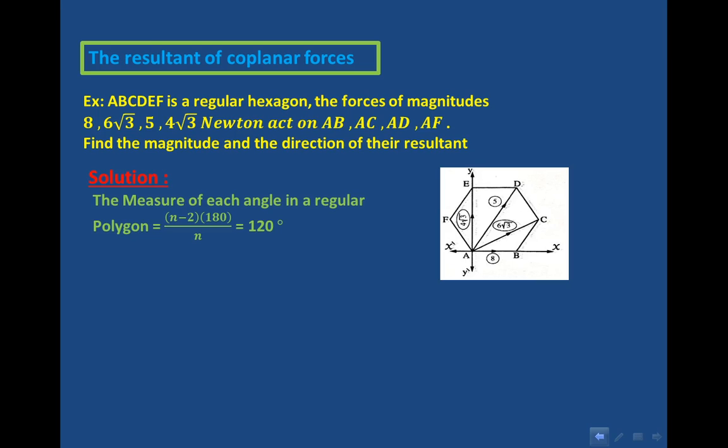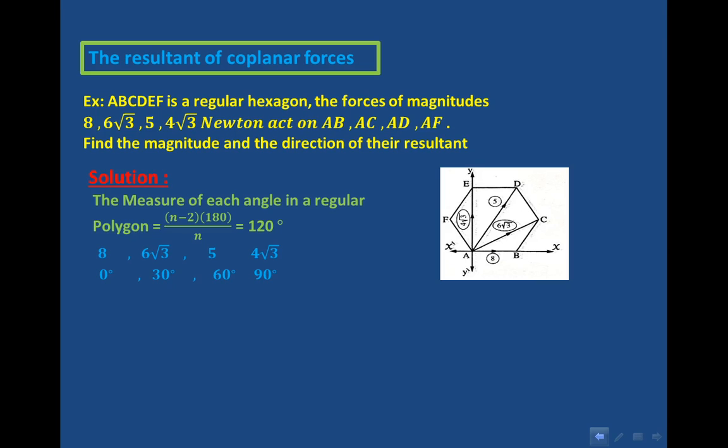Here, 8 and the measure of the angle equals 0, 6 root 3 and the angle equals 30 degrees, the force 5 and the angle between AD and the positive x direction equals 30 plus 30 equals 60.